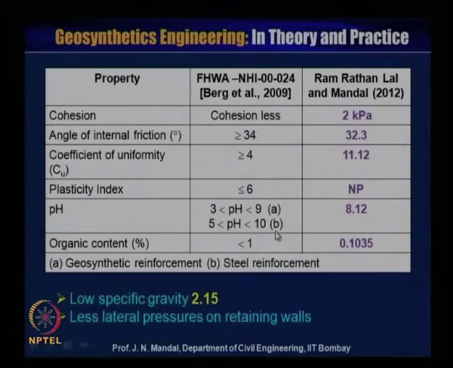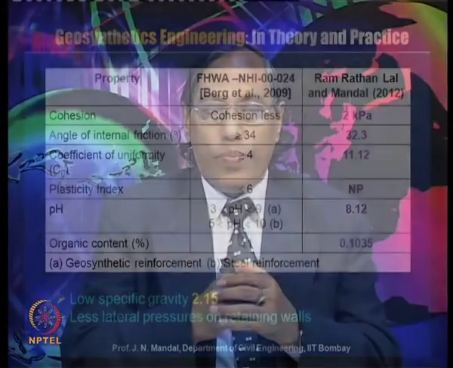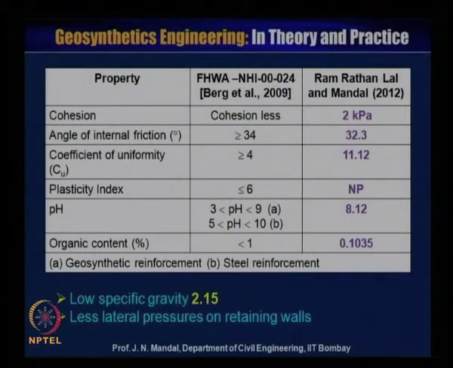So, this kind of fly ash you can say satisfies the specification. It also has a low specific gravity, that is 2.15, so there is less lateral pressure on the retaining wall, because fly ash is a light material compared to the conventional specified backfill material.